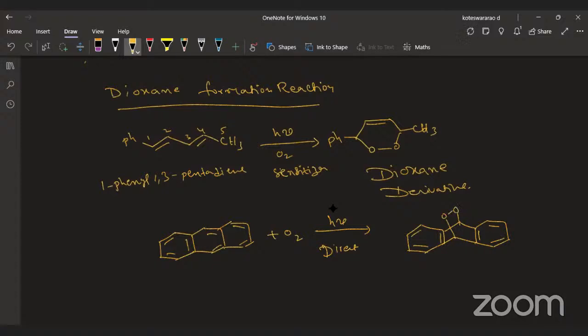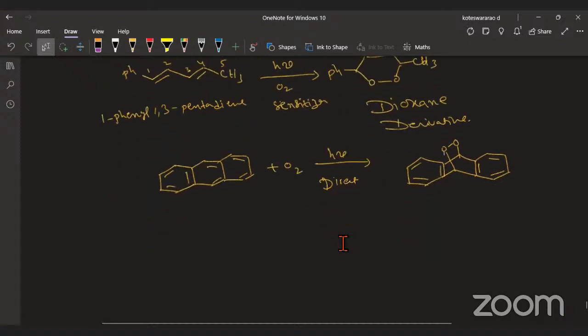This is some fused dioxane derivative. In this, when you understand this reaction, this is the anthracene.